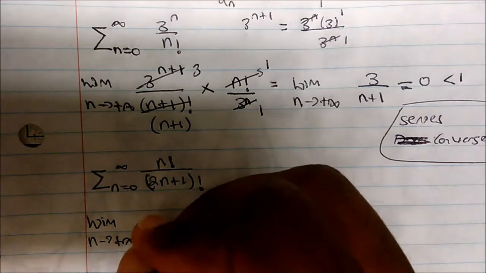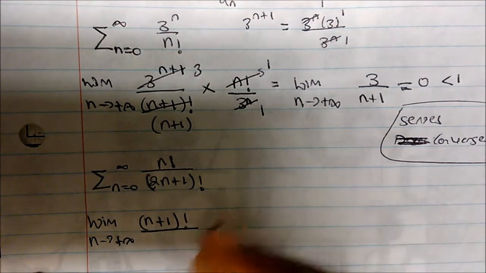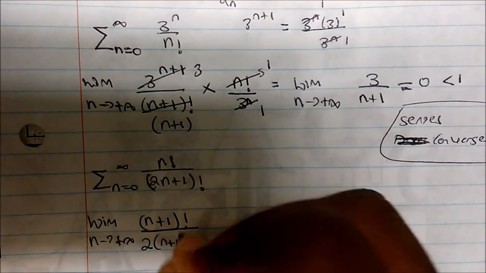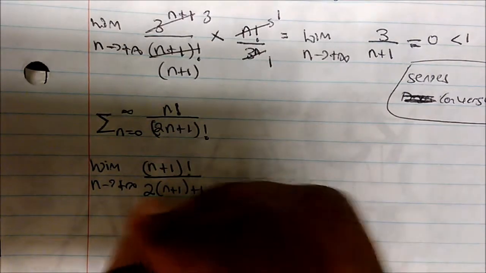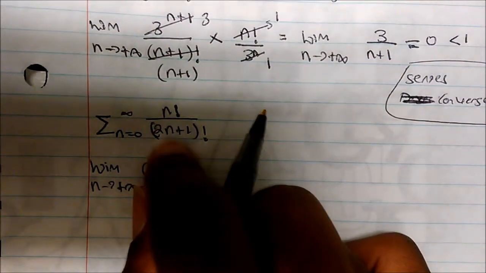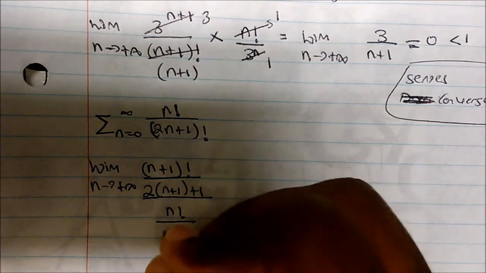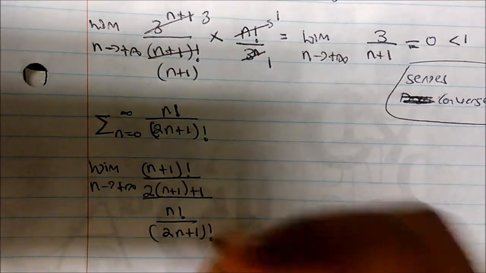If I look at this, this becomes n plus 1 factorial. I'm going to divide that by 2 times (n plus 1 plus 1). Then we divide this by a_n, which is the original series, so it becomes n factorial divided by (2n plus 1) factorial.